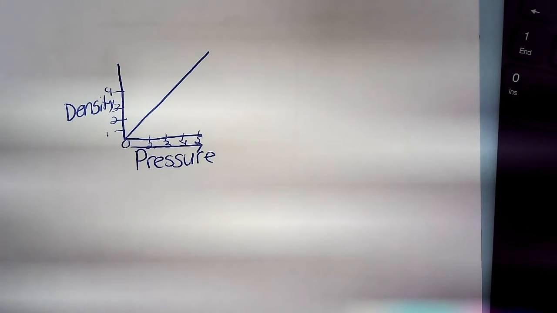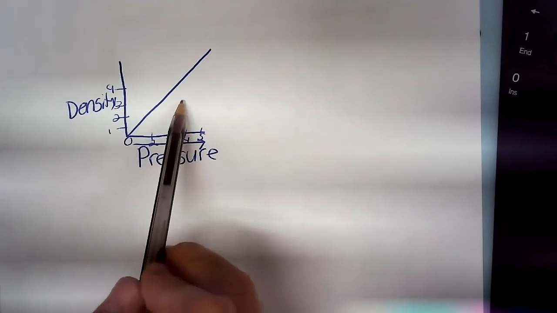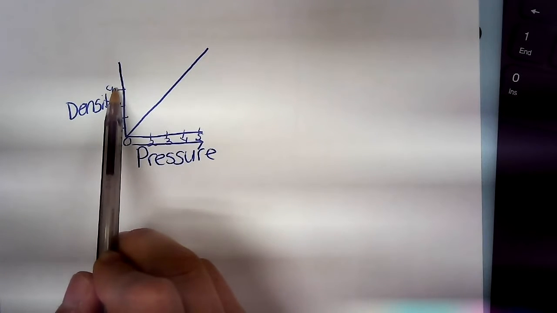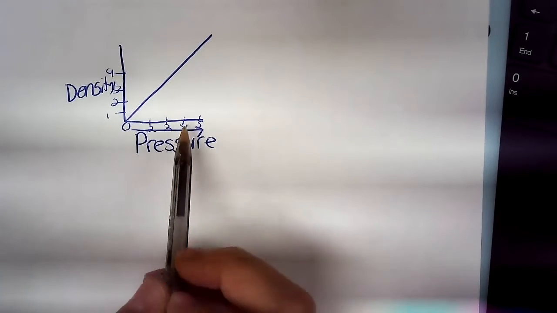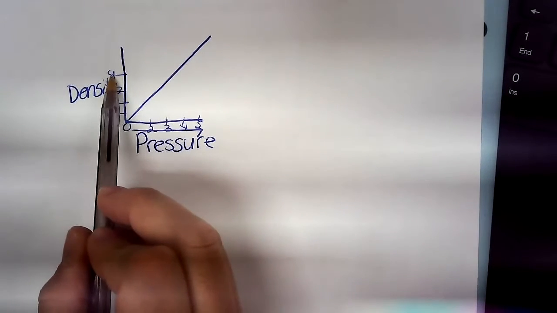You would look at where the line is above the 4. Go to 4, now what do I do? Go up until you hit the line, and then you go over. So according to my graph, it would be 4. Again, I totally made those numbers up. But you guys know how to read graphs. You go to the number on the x-axis, you go up till you hit the line, you read over.